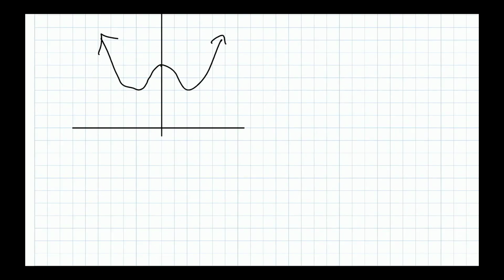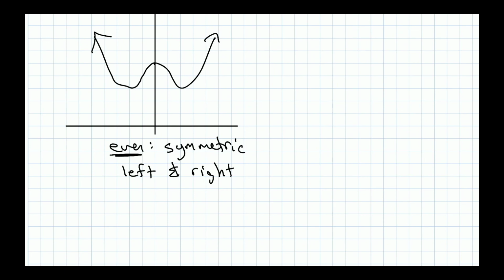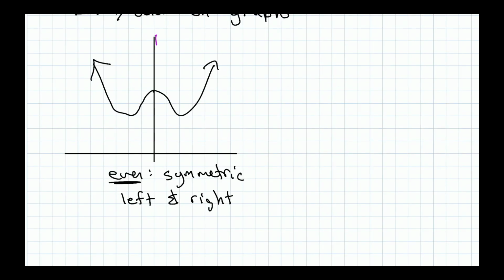Okay. So this is what an even function looks like. Even. Symmetric left and right. Okay? Even function. Now, this right here, I mean, you know this, but what is that? That's the y-axis, right?